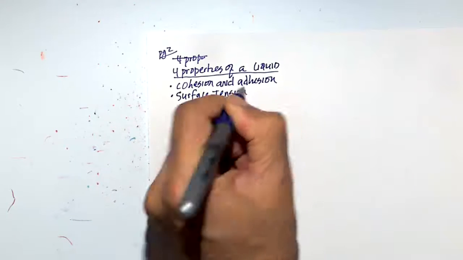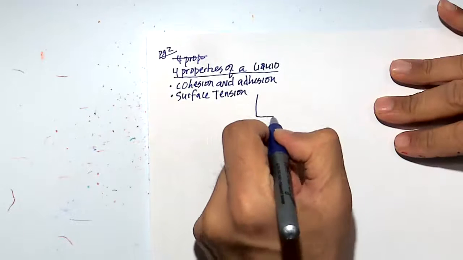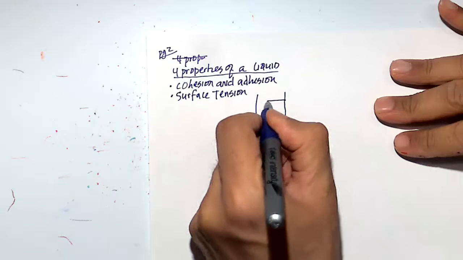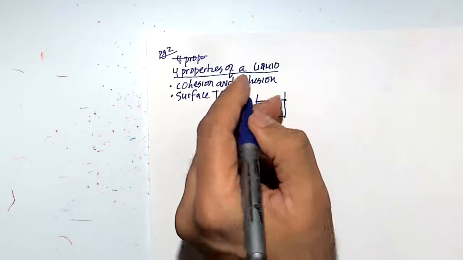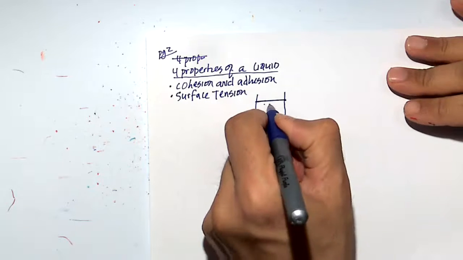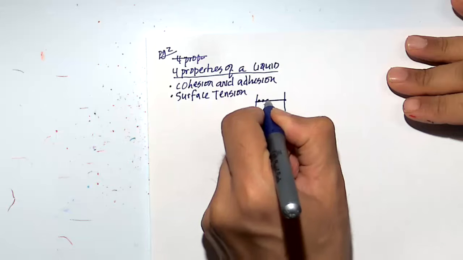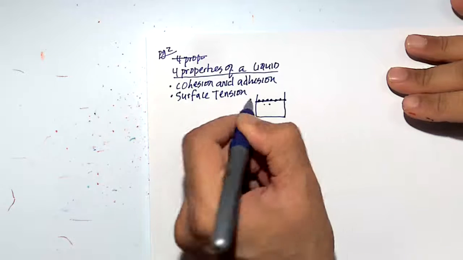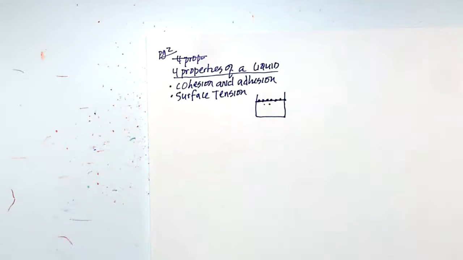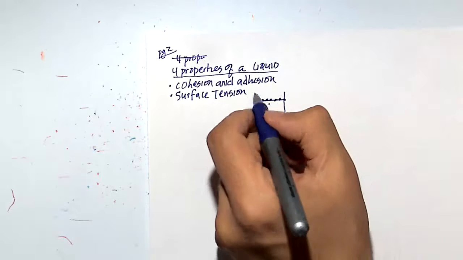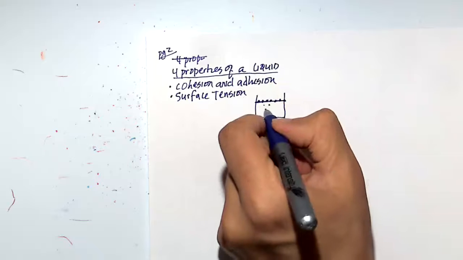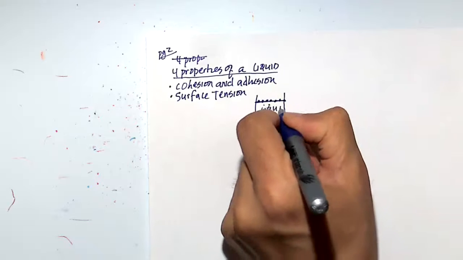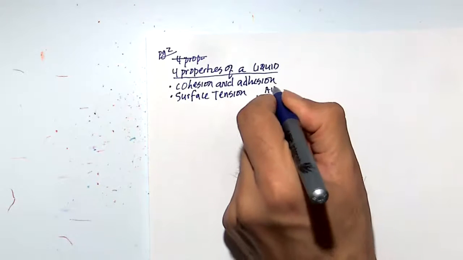Surface tension is at the air-liquid interface. Your lungs actually are an air-water interface. At the interface, the liquid molecules have stronger intermolecular forces at the surface. We call that a surface tension at any interface. So this would be the liquid, and this would be the air.